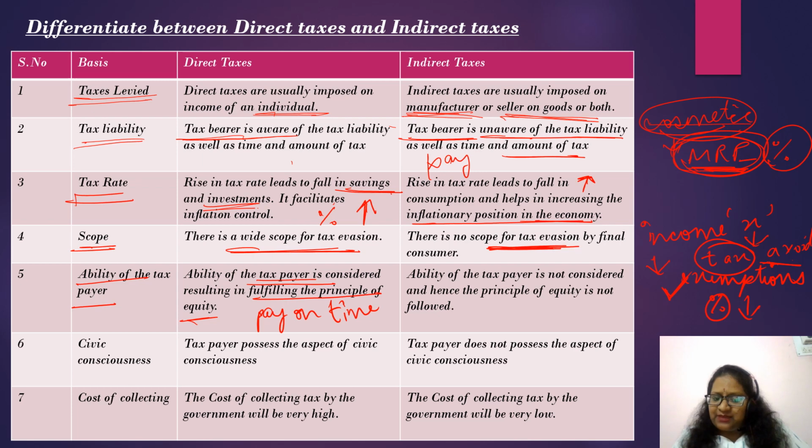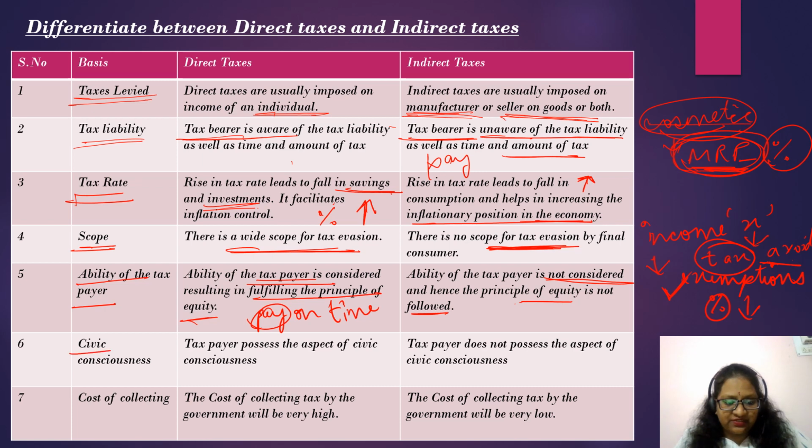So here his ability to pay the tax is being considered. But in indirect taxes, we do not consider the ability of the taxpayer, and hence the principle of equity is not followed.